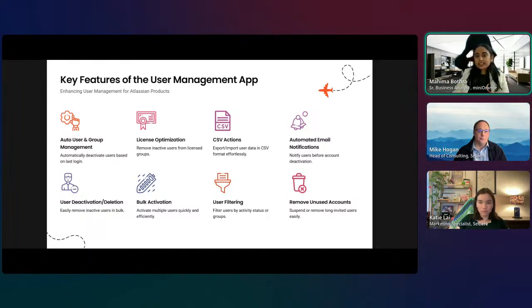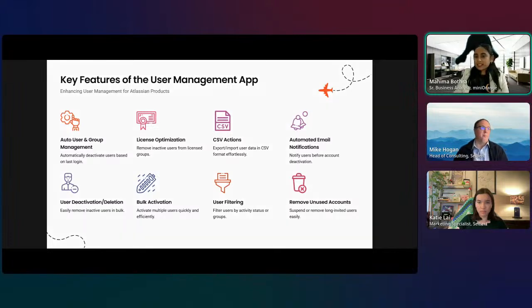So I think this app helps you automate user management without writing any code. There are toggles; you just have to turn them on or off, and put in the number of days, how many days before you want to notify the users, and the last login days that you want.